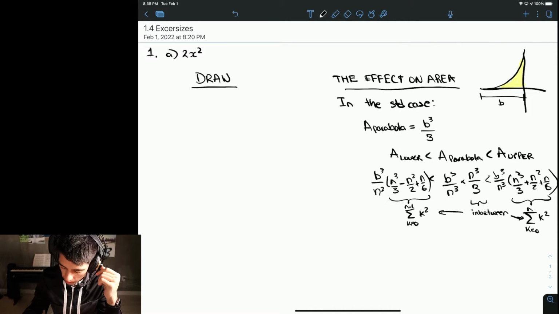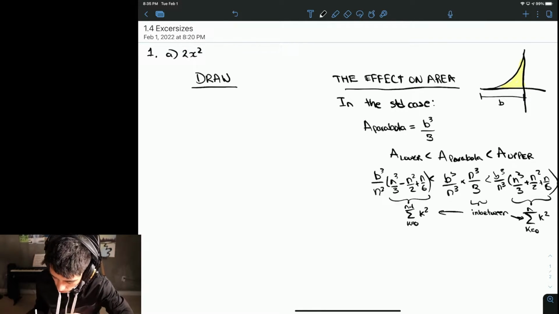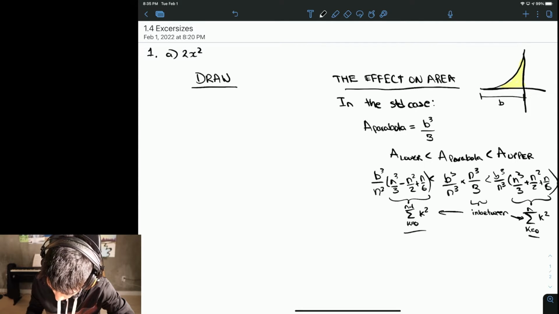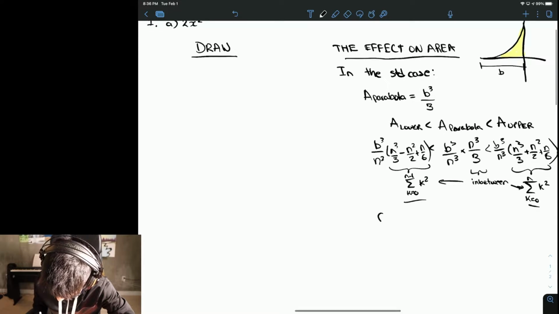Now, in our case, to reiterate, these series right here and here stem from the height dimensions of the parabola when f of x equals x squared.